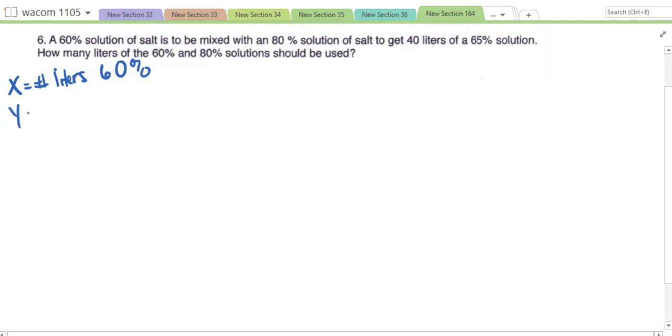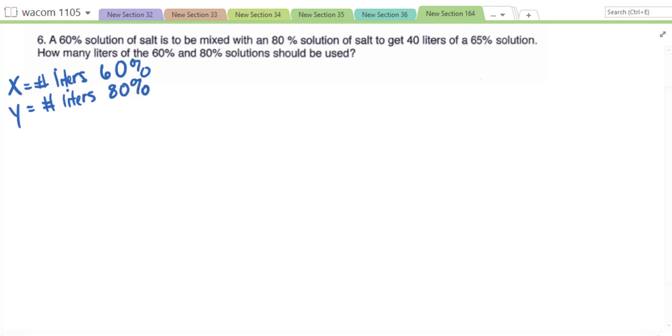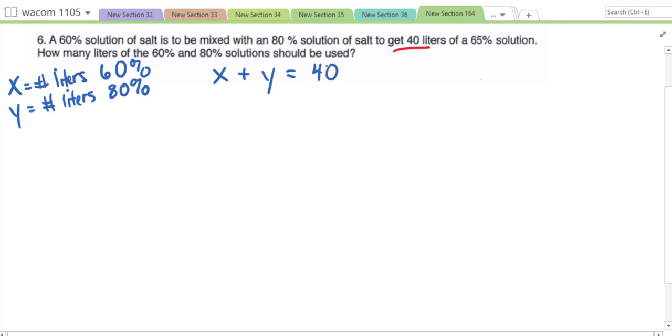We're going to let the other variable be the number of liters of 80%. We're mixing those together. All right. Our total number of liters is 40. So our easy equation is x plus y is 40.